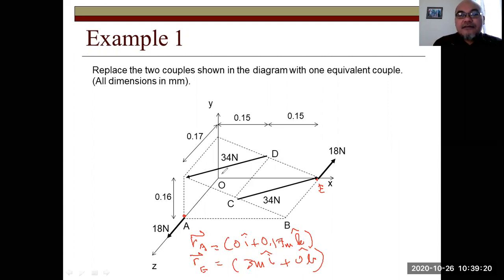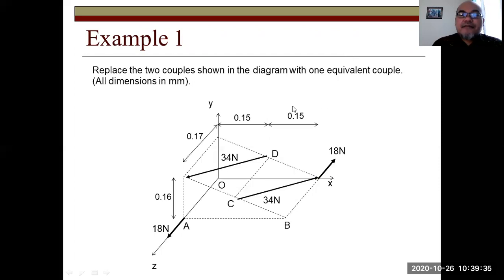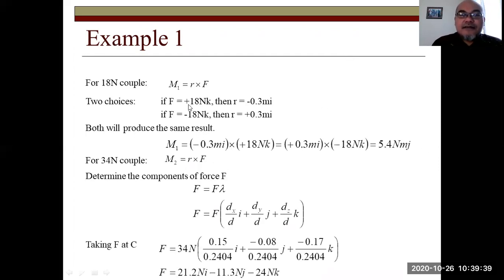If we choose this point from A, the x component will be RA minus RB, so 0 minus 3 meter equals minus 3 meter i. So if we choose F equal to plus 18 Newton k, then R will be equal to minus 0.3 meter i.